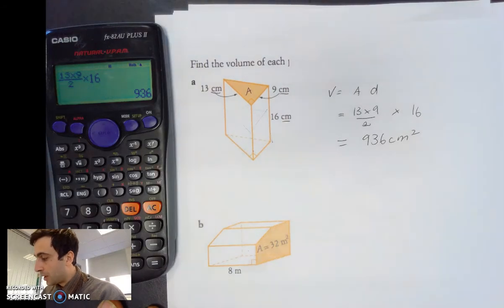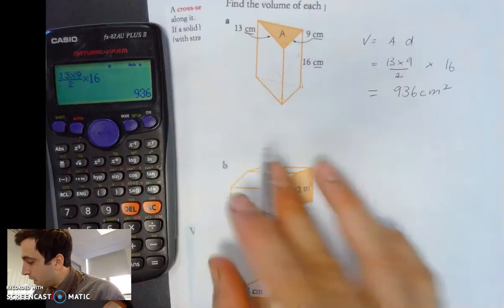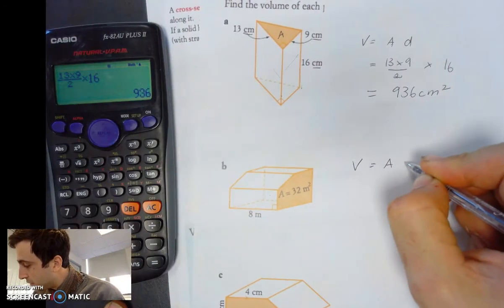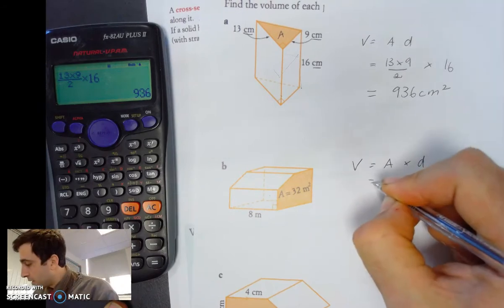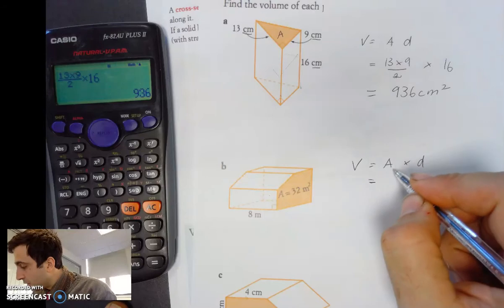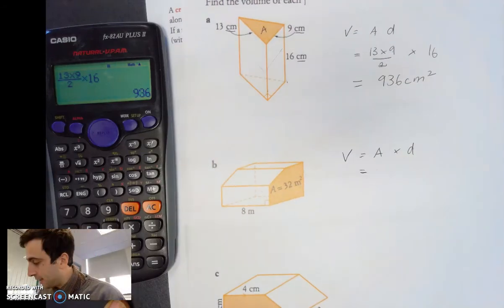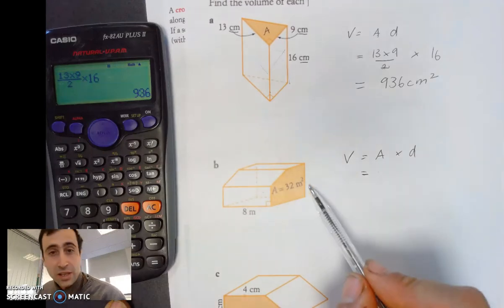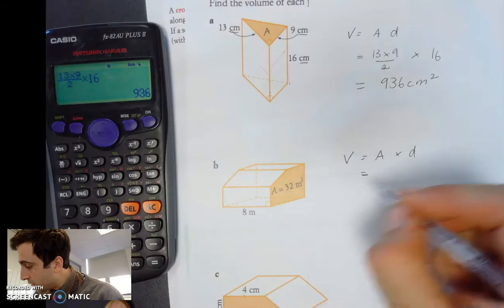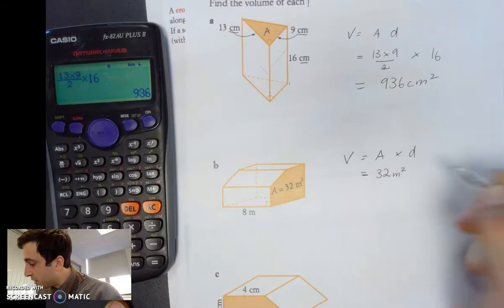Lovely. What about B? Well, volume is the area of the base times by the depth, or the height. I like to say depth instead. But in this case, it's a little bit cheeky. We don't actually need to figure out anything here because it's given to us. Area of the base is 32 metres squared times by the depth of 8 metres.